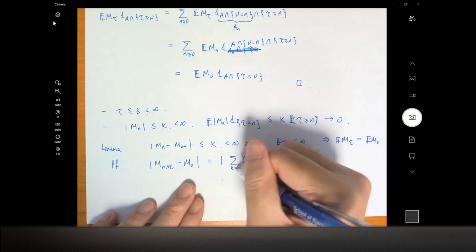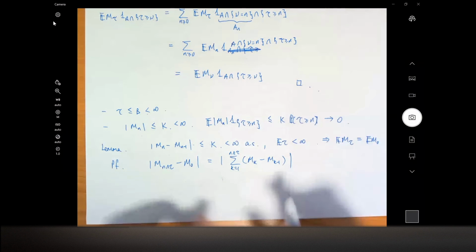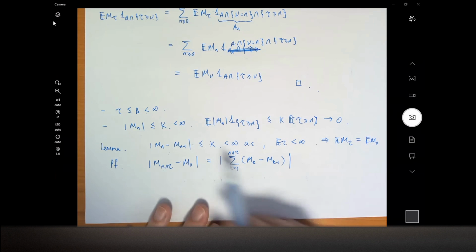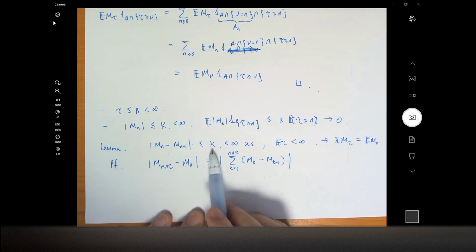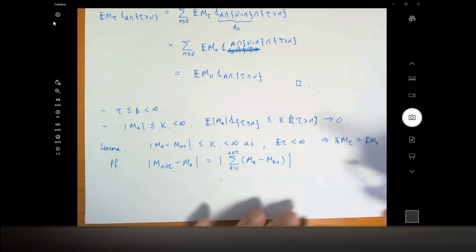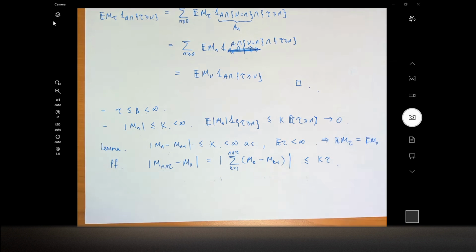Up to the minimum of n and tau. So these two are exactly equal, right? Now, because of this bounded increment condition, I bring in the absolute value. So each of these terms will be less than k, and then there's at most tau of them, right? This is the minimum between n and tau. So at most tau of them. So the whole thing will be smaller than k times tau.